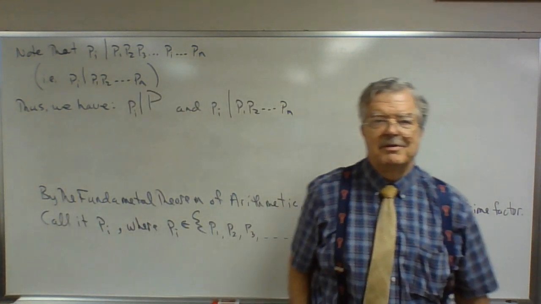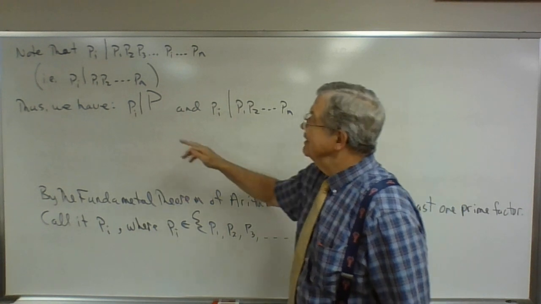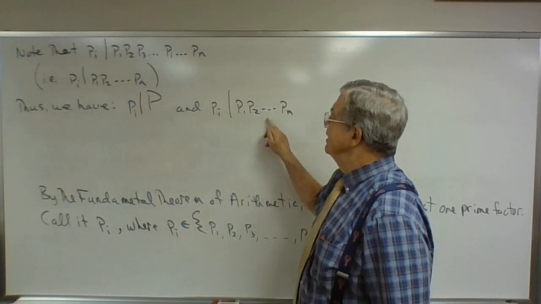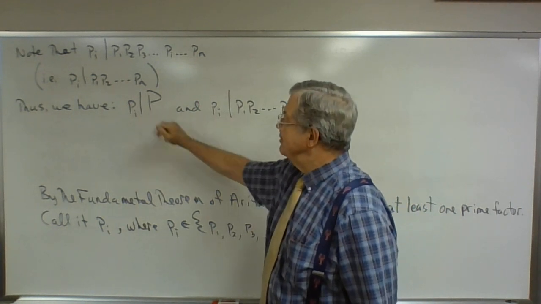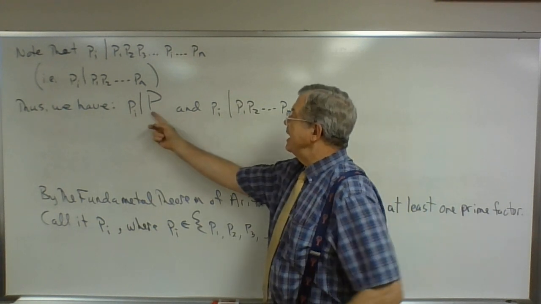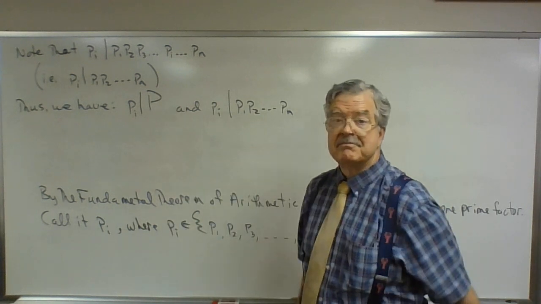So isn't it true that P sub i will also divide every linear combination of P and this product here? P sub i divides this, P sub i divides that. So P sub i will divide every linear combination of those two things.